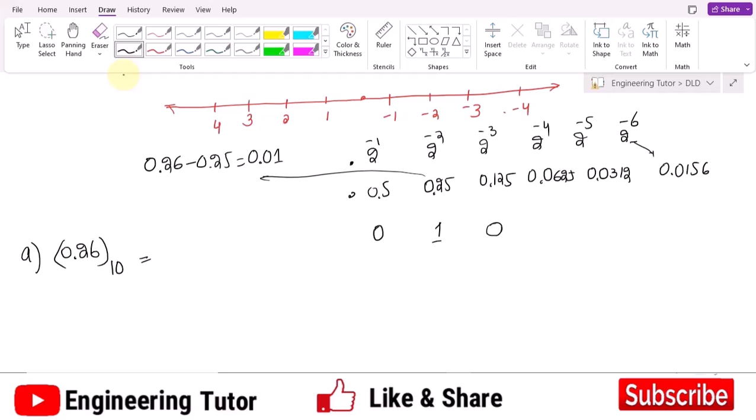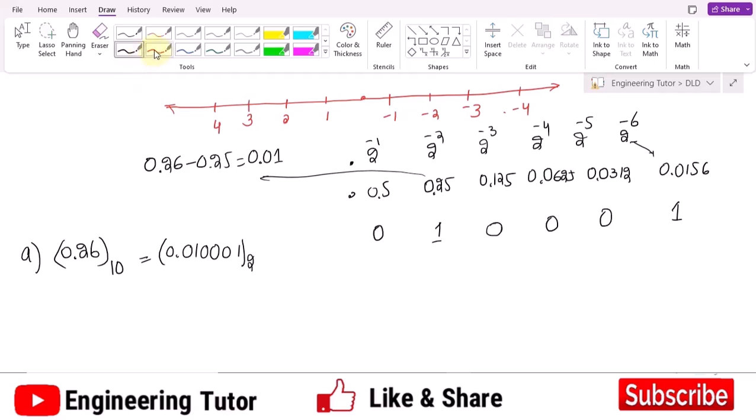The remaining numbers are greater than 0.01, so they are not included. This last one is the only possibility which I can include here. So this is basically the binary number: 0.010001. That is the binary number.